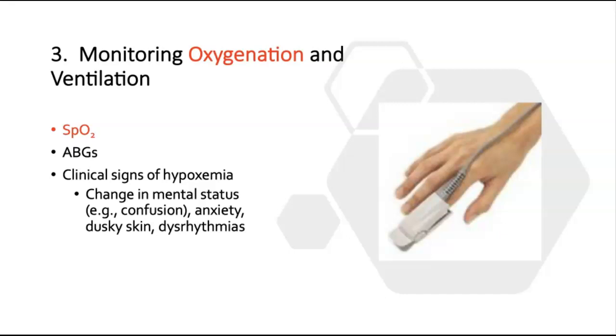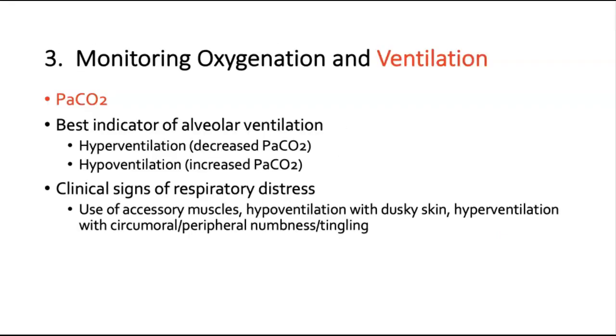Number 3 is monitoring oxygenation and ventilation. Remember that oxygenation is measured through your pulse oximeter or your SpO2 and your ABGs, which would be your saturation of arterial oxygen, your SaO2. Clinical signs of hypoxemia are a change in mental status, anxiety, dusky skin, and dysrhythmias. Remember, ventilation is observed through your PaCO2.